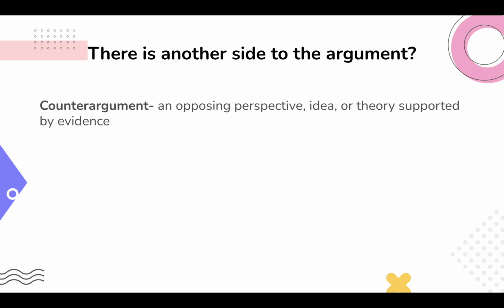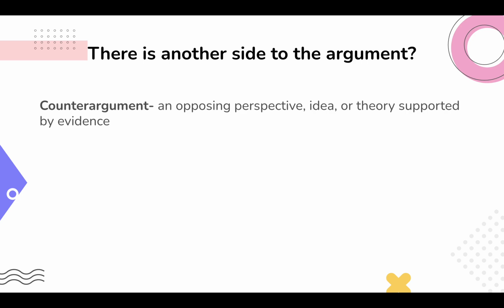Now that you've finished determining what is an arguable claim or not, we need to figure out the other, quote, perspective part of an argument. You can't have a one-sided argument. What you have to do is take into consideration the opposing viewpoint or the opposing perspective. And that is what we call the counter argument.